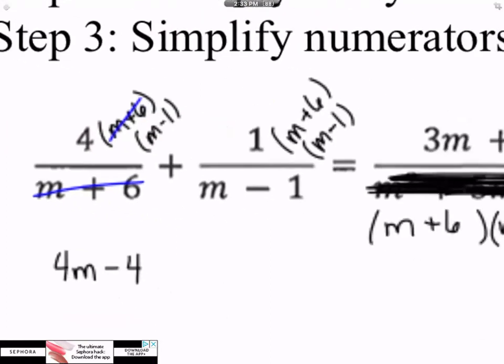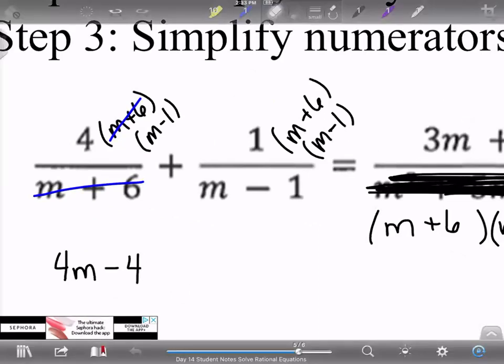Then we're going to do the process on the second fraction. Looking at the second fraction here, we are going to be able to cancel the m minus 1 in the denominator with the m minus 1 in the numerator. That's going to leave us with 1 times m plus 6.